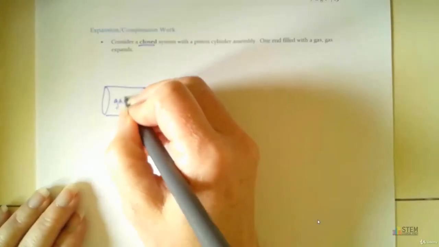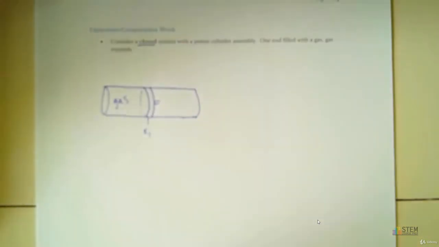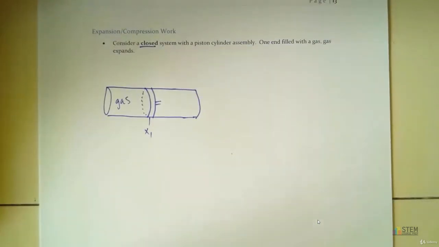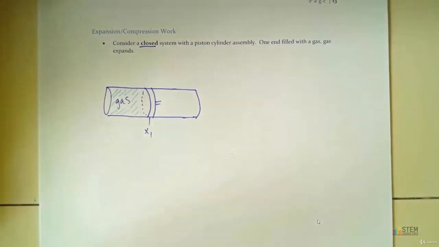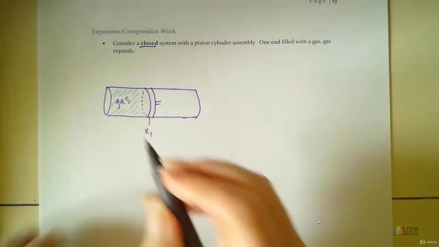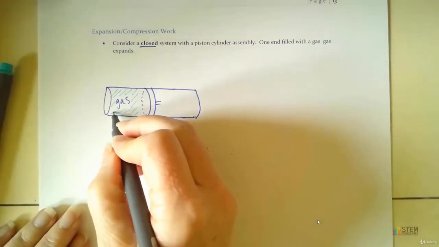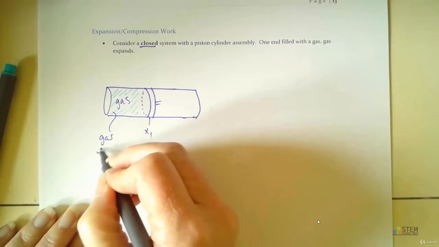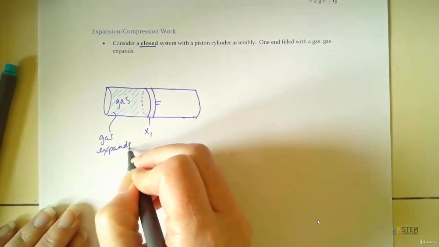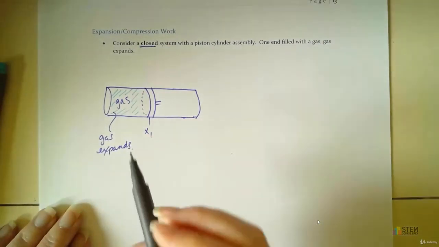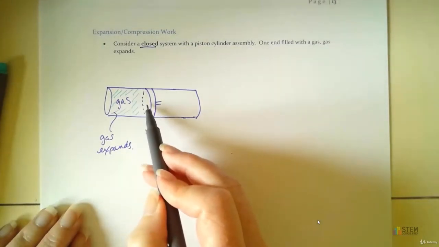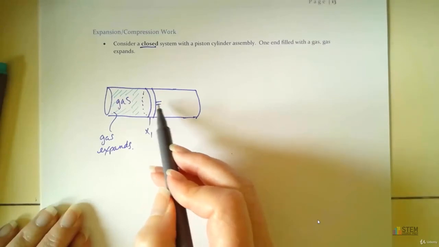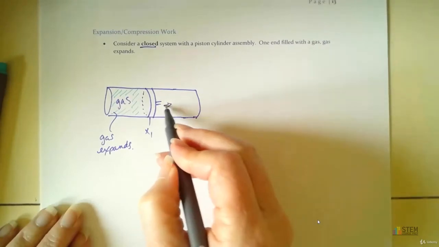I've got a gas in here like that. Now this gas we're going to say is going to expand. As this gas expands, what's going to happen? The pressure from the gas is going to push on this piston, and it's going to move the piston to the right.